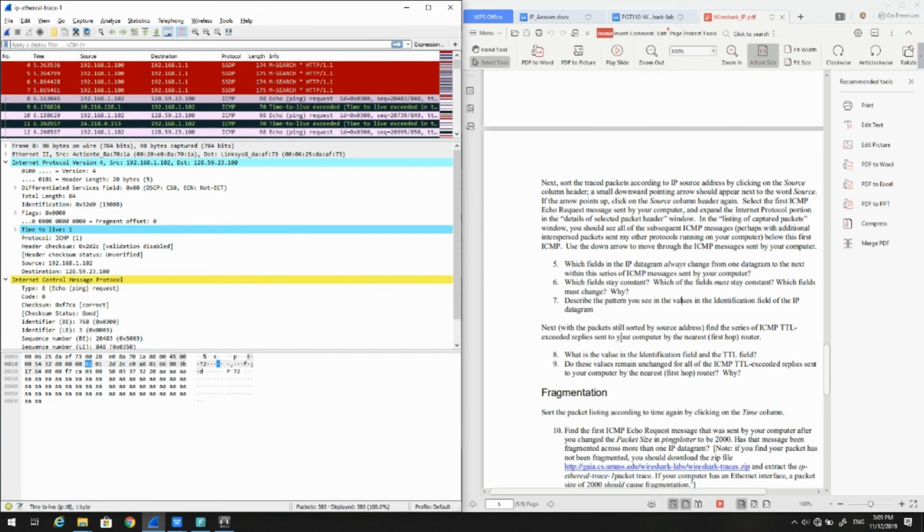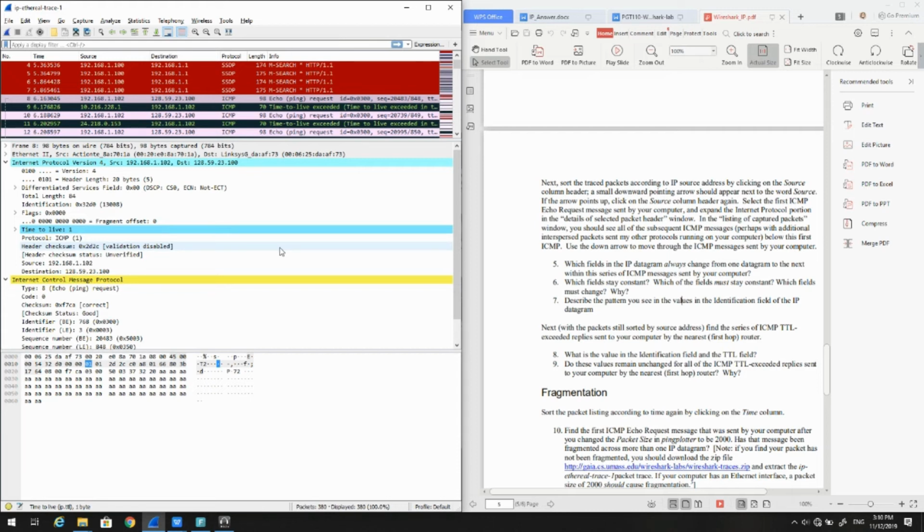For number 9, which values remain unchanged for all the ICMP TTL replies? The identification field changes in all the replies because of its unique value. If two identification fields have the same value, then the replies must be fragments of a bigger packet.